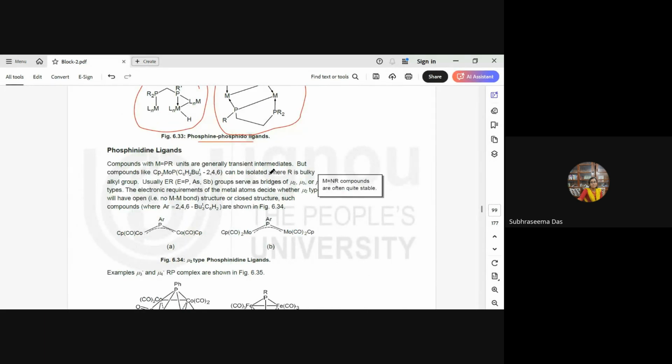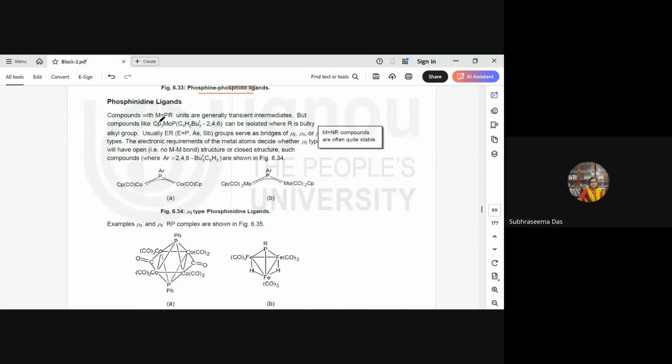Then phosphinidene ligands, compounds with M=PR, are generally intermediates that we come across, but compounds like Cp2Mo=P-C6H2 tertiary butyl 2,4,6 can be isolated where R is a bulky alkyl group.